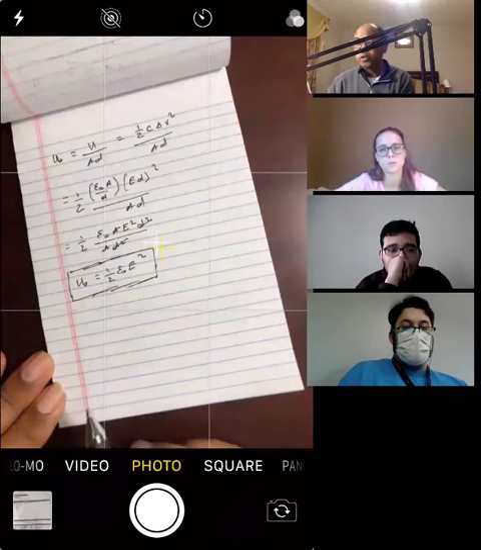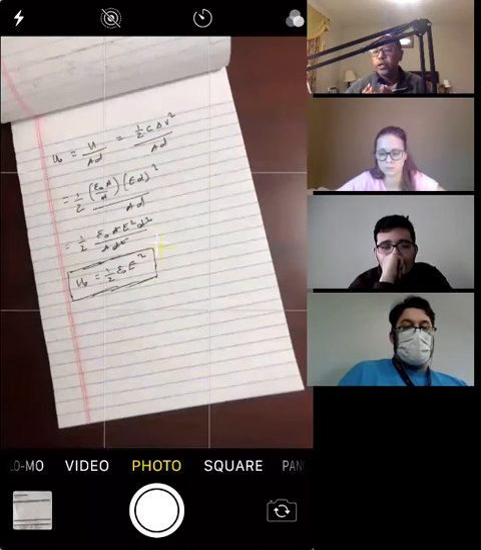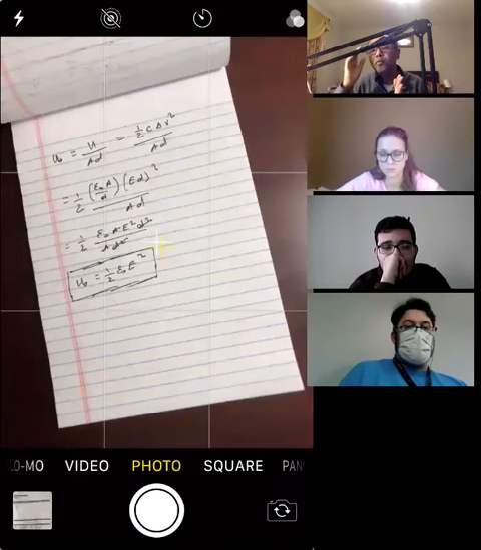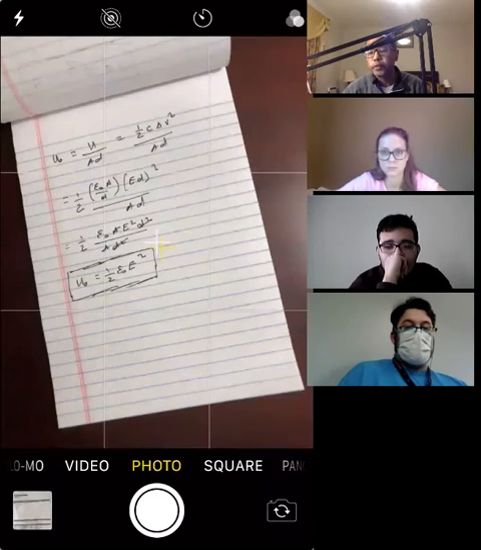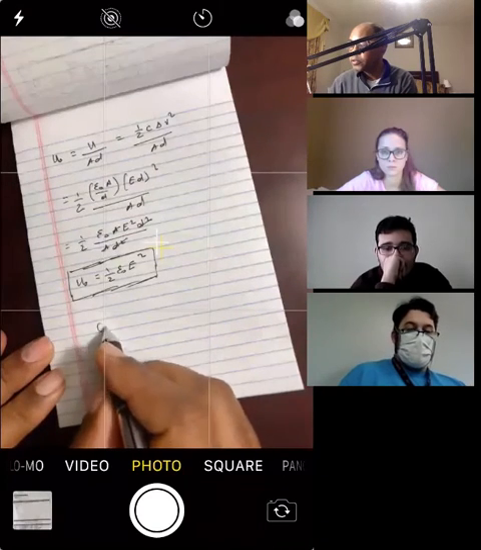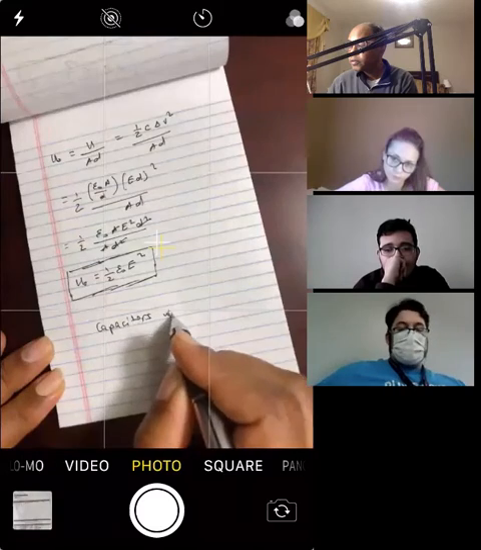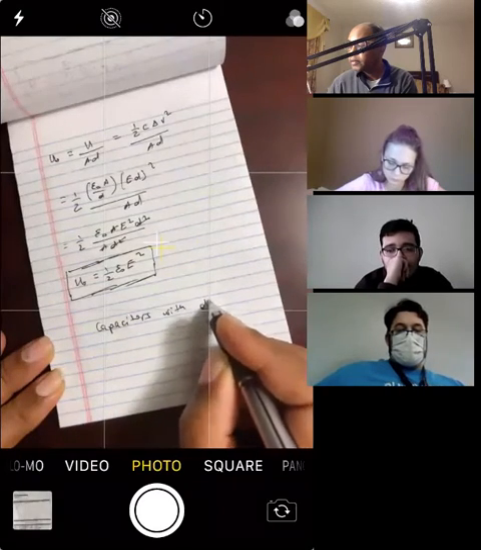So finally, we're going to talk about dielectrics. So far, we've been assuming that the space between the two conductors is air, but now we're going to put an arbitrary insulator between the two conductors. That's called a dielectric. So we're going to look at capacitors with dielectrics.